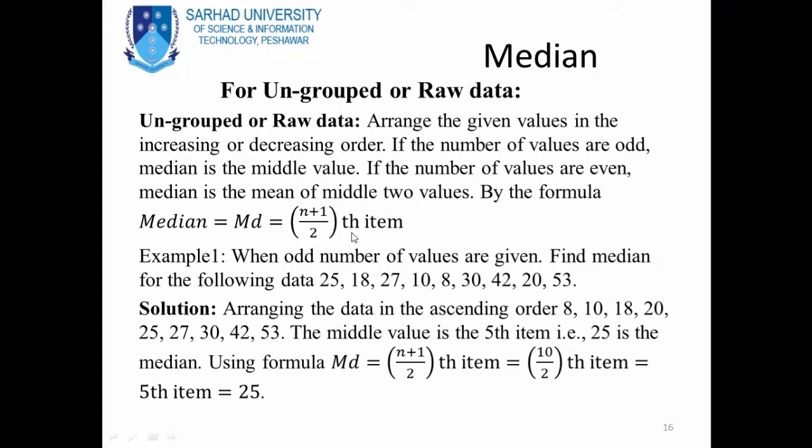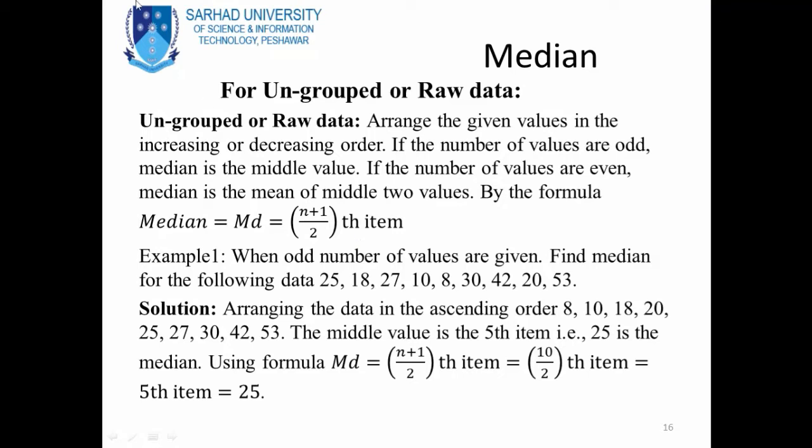The middle value, the center value, will be the median. If the number of terms is odd, there will be one single median value. If the number of terms in the data is even, there will be two center values, and adding these two center values and dividing by 2, you will get the median for the data.